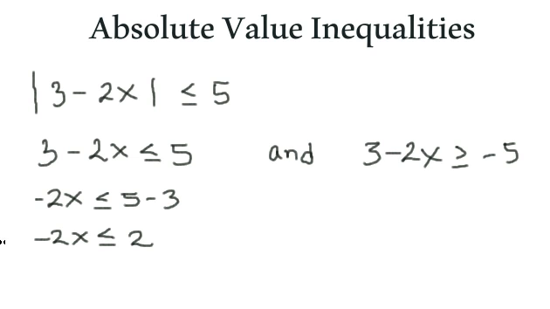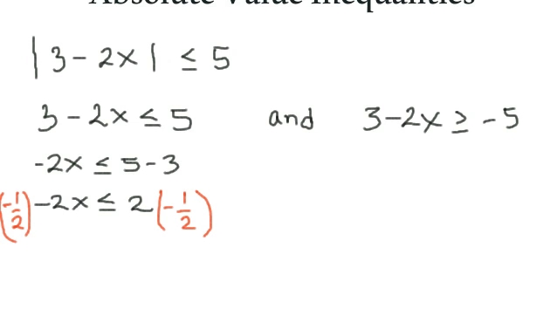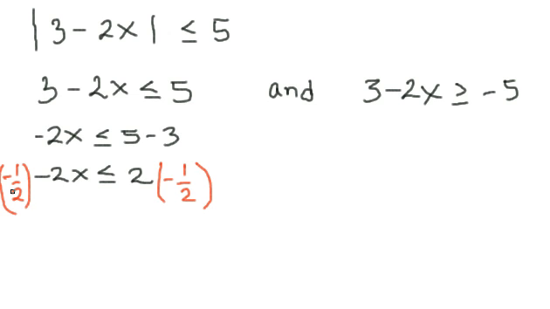I'm going to multiply both sides by negative a half. So we have a negative a half times a negative 2, and a negative a half times negative 2 is 1.